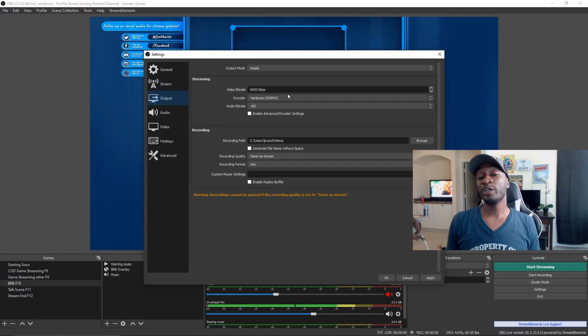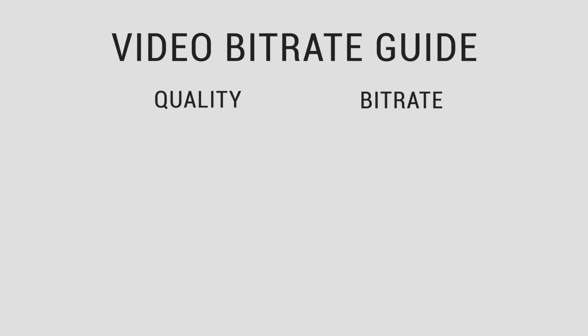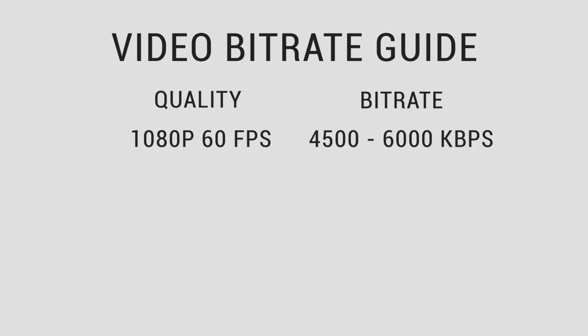Now, with video bitrate, depending on the quality of your stream, depends on your bitrate. So, for instance, if you're doing a 1080p stream at 60 frames, your bitrate needs to fall between 4,500 to 6,000.